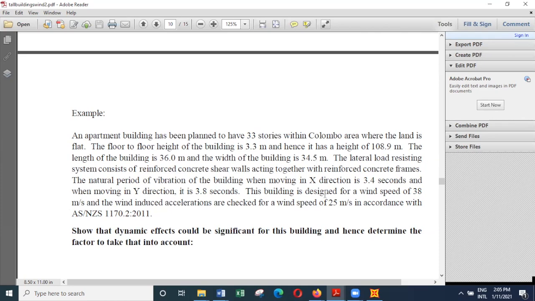Generally, when you look at the acceleration of the building, we do not design for a very long return period.